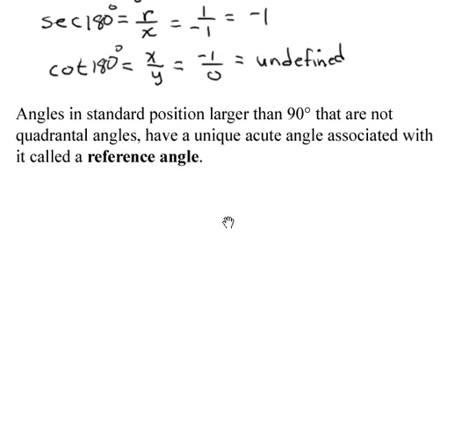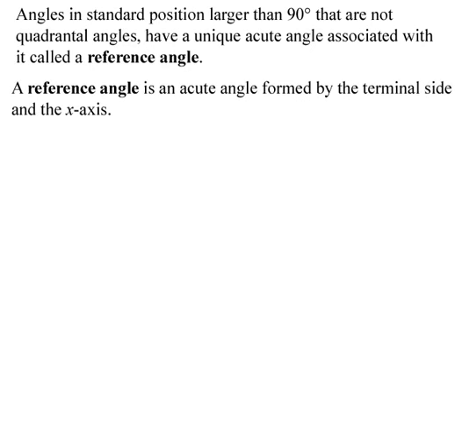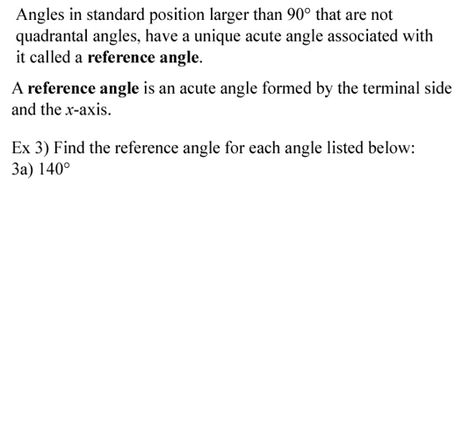If it's not a quadrantal angle and it's larger than 90, what we want to do is find an acute angle, which is one less than 90, associated with that angle, and we call it the reference angle. A reference angle is an acute angle formed by the terminal side of our angle and always the x-axis. Always the x-axis, never the y-axis.